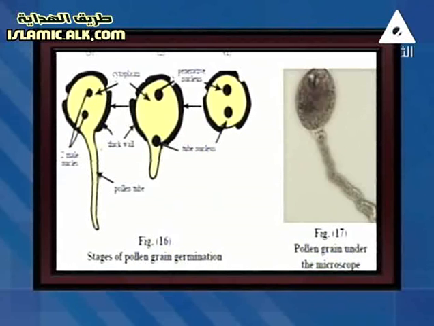One of them is called the tube nucleus and the other is the generative nucleus, which has the main role in fertilization, while the pollen tube is formed by the tube nucleus, just to penetrate the tissue of the style until reaching the micropyle of the ovule.